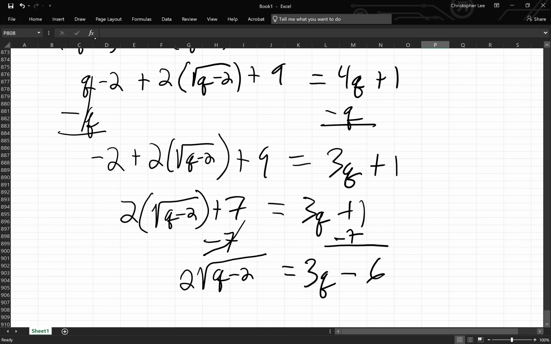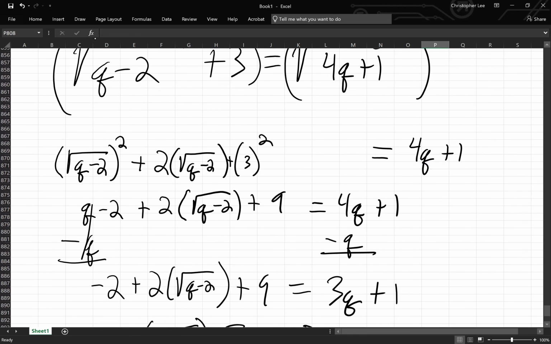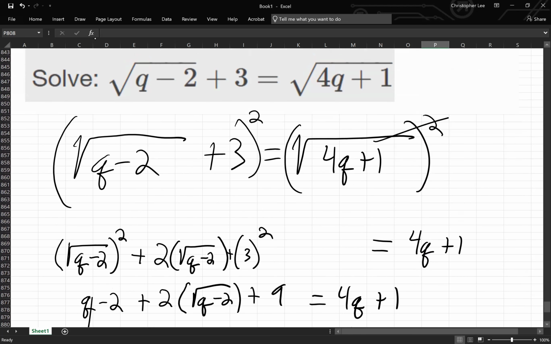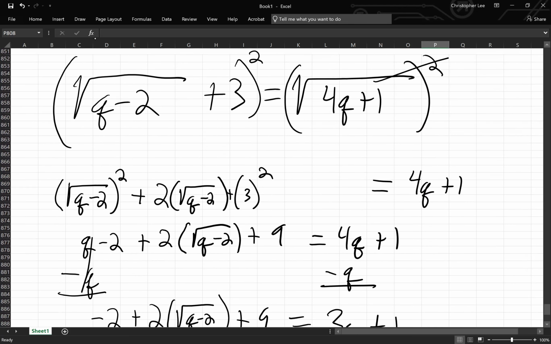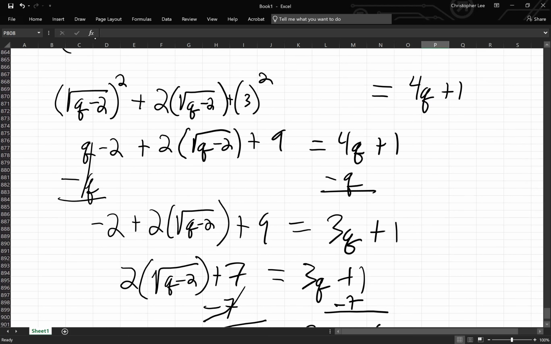Go ahead. Oh, yeah. There you go, that's the original. Because in this case, a is the square root of q minus 2, and b is just a 3.